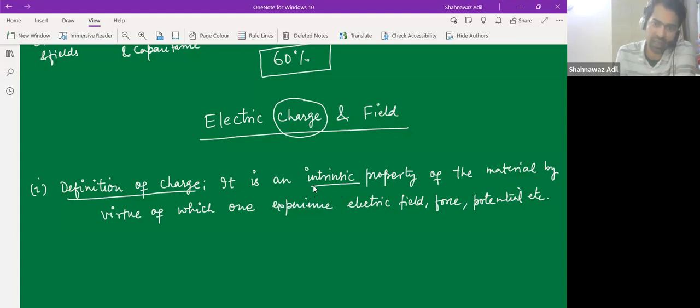It is an intrinsic property. So can you guys tell me another property which is intrinsic, which comes naturally with the material? Any intrinsic property that comes to mind?